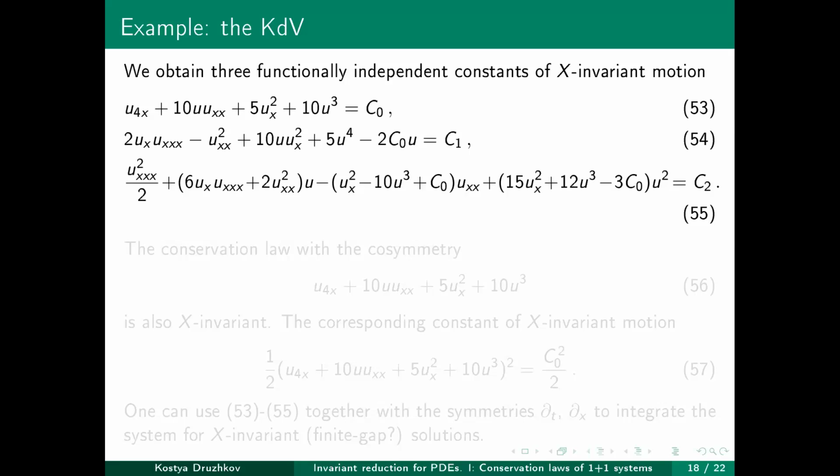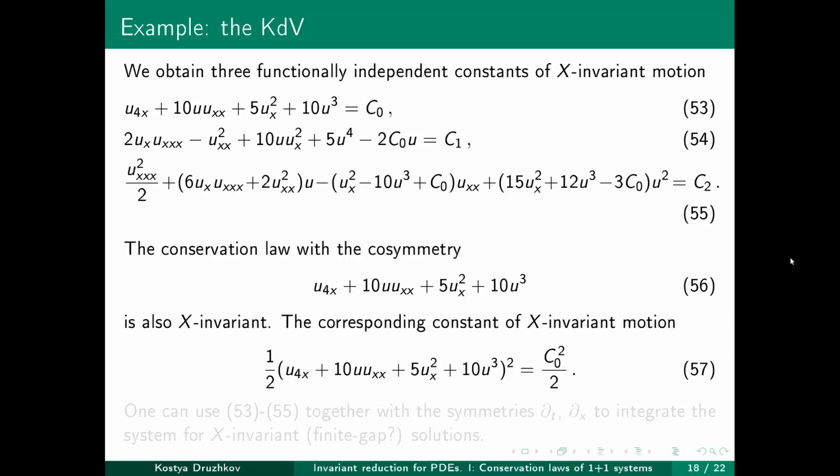But generally speaking, I don't know how to guarantee that the resulting constants of x invariant motion are functionally independent. It's more or less reasonable to predict that they are linearly dependent, but in this case it's important that they are functionally independent. For example, the conservation law with the cosymmetry given by formula 56 is also x invariant.